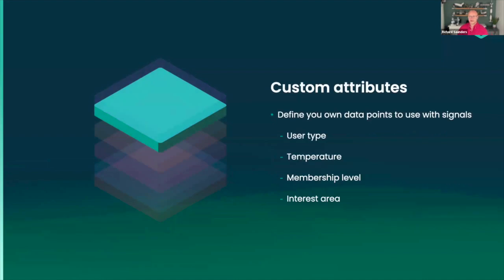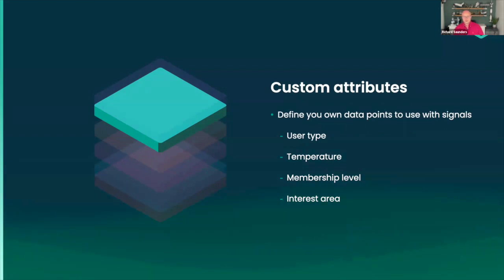Secondly, we have custom attributes. Now, we know that we can't define every type of signal out of the box. You'll have things that are pertinent to your organization or to your application that make sense to use with personalization. So we've created custom attributes so you can define those data points. You might have different types of user on your site. You might have residential or business or tourist.